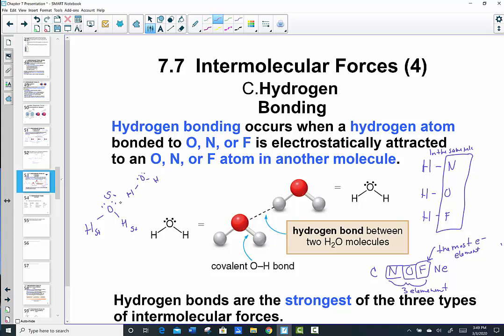And again, we would just draw those with this dashed line, showing that that would be the representation of a hydrogen bond. The hydrogen bond is between molecules. And remember that word bond, it might be deceiving because it's not a true bond, but it's an attraction between molecules.